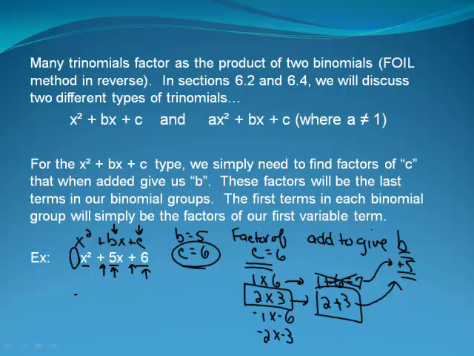For these easier trinomials, these are going to factor into two binomial groups. The two factors we just found, positive 2 and positive 3, end up being the last terms in each group. What goes in the first spot of each group is the factorization of your first term.